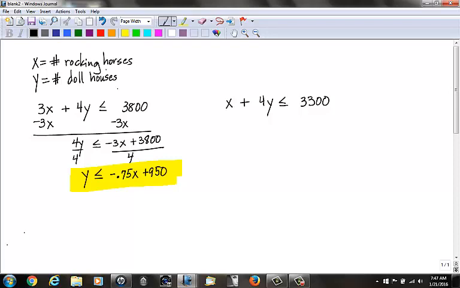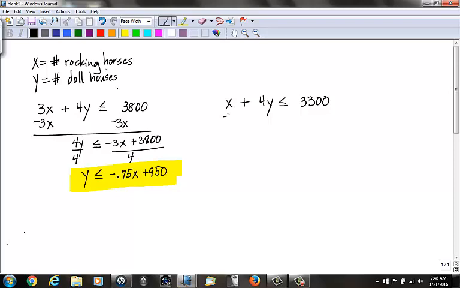So put in a negative 0.75x plus 950. And that gives you a little bit to tell you what the window is. The y has to go up because it's crossing the y-axis. Y equals mx plus b. It's crossing the y-axis at 950. So if we graph that, you're probably not going to see anything. It's way off the window.